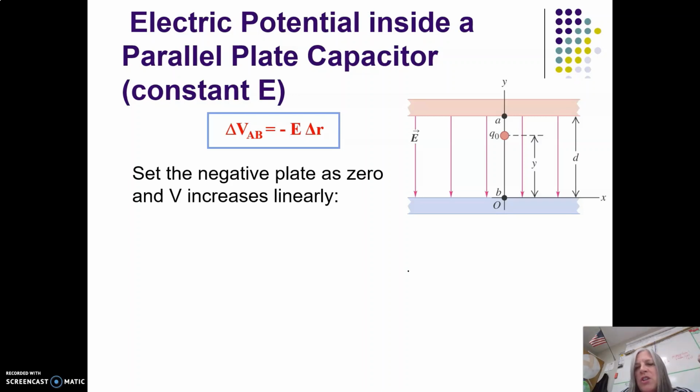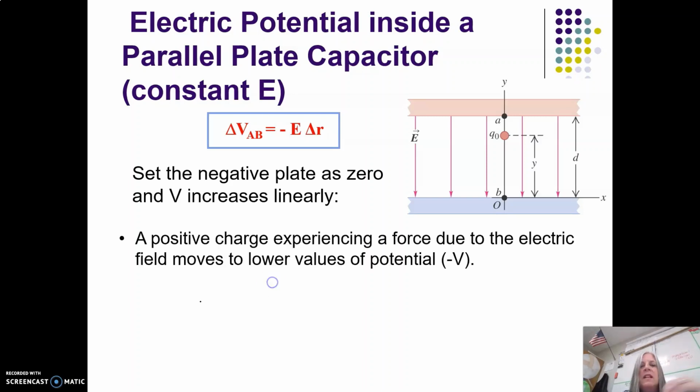Because of this, the electric potential has a linear relationship with the distance between the plates when I have a uniform electric field. We always set the negative plate as the area of low potential, which means it is going to have an electric potential of 0, and then we steadily increase as we move up towards the positive plate.